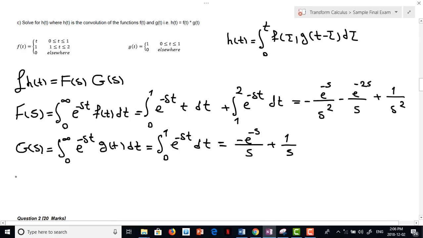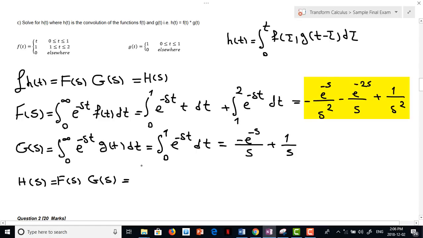So the Laplace transform of convolution, we know that. Here we said the Laplace transform of h(t) is equal to F(s) times G(s). So I call the Laplace transform of h(t) H(s). In fact, H(s), which is equal to F(s) times G(s), if I multiply F(s) by G(s), you're going to end up with this function.